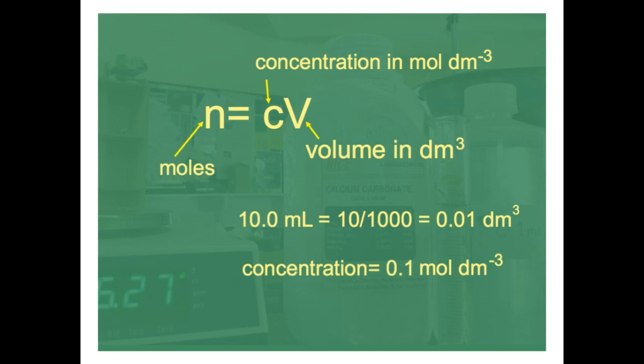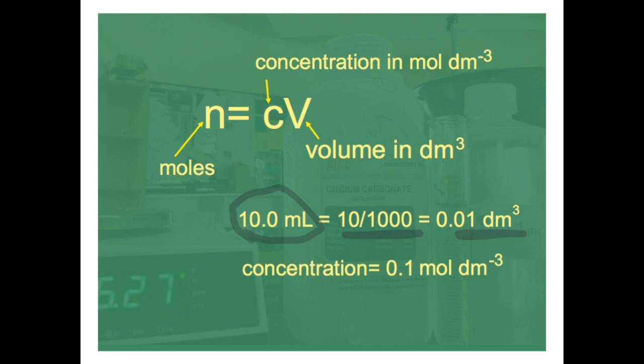But how many moles of hydrochloric acid did we actually have? And that can be determined using this equation, n equals CV. But we must convert the 10 milliliters given in the question into dm³. And this is how we do that. We divide by 1,000.